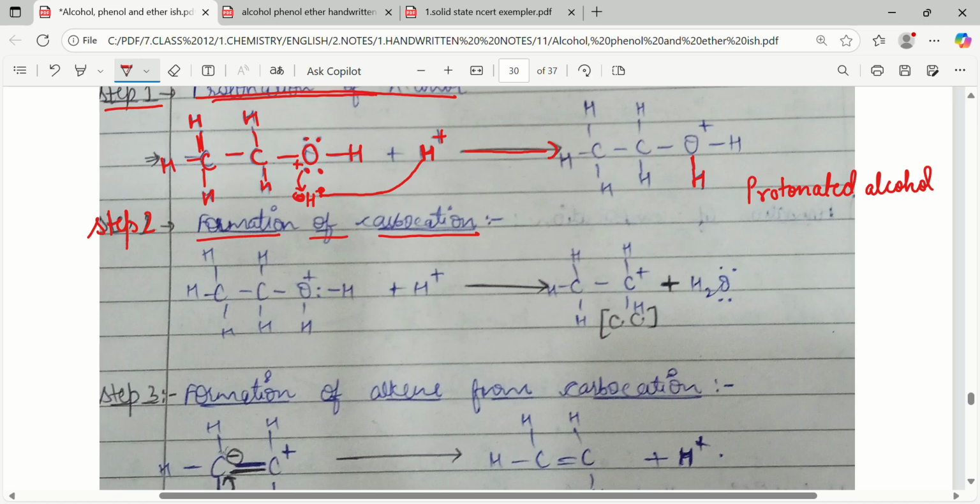When I say alkene, I can see only two carbons with a double bond between them. I don't want any unnecessary elements around those two carbons, so I need to remove step by step each and every element connected with them. All these things are going to go out. Yes or no? Yes, sir.